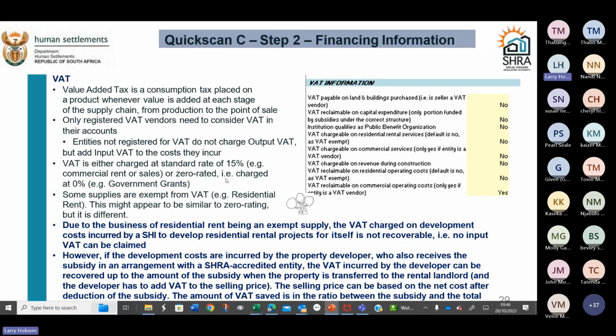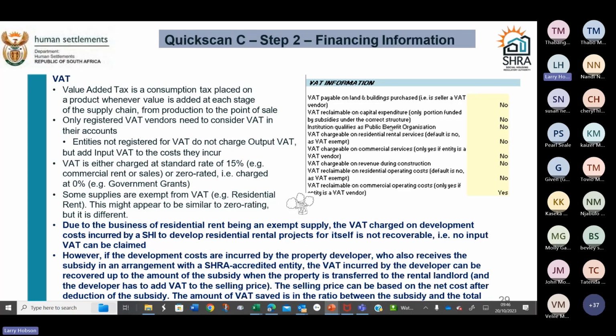You answer the questions in the quick scan C, like it is on the right-hand side. In this case, it was all no's, but if you are VATable, you would answer yes to the second question, VAT reclaimable on capital expenditure. And probably yes to the first question as well.